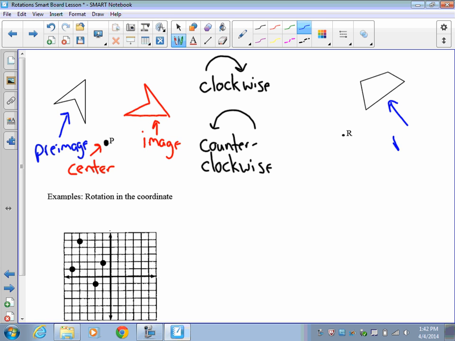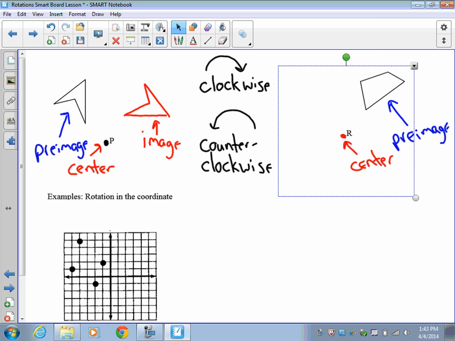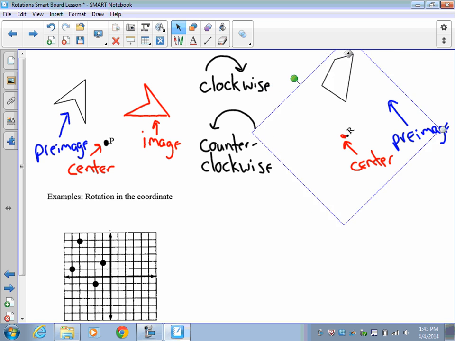This is my pre-image. And this one says to rotate it 180 degrees counterclockwise about point R. So again, point R is my center. And whenever I highlight this, you see that I tried to put point R in the center. And again, I'm a little bit off.